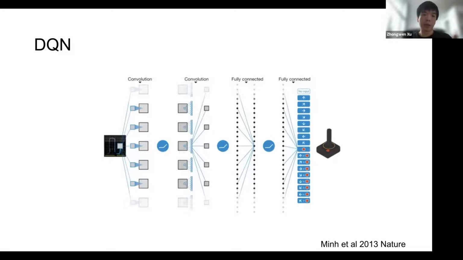After that, it goes through several convolutional layers, producing some hidden layers, and then through another two fully connected layers, which output the Q values for all the different actions the game can possibly make. So as you can see, the input is pixels, and the outputs are the Q values of the possible actions.